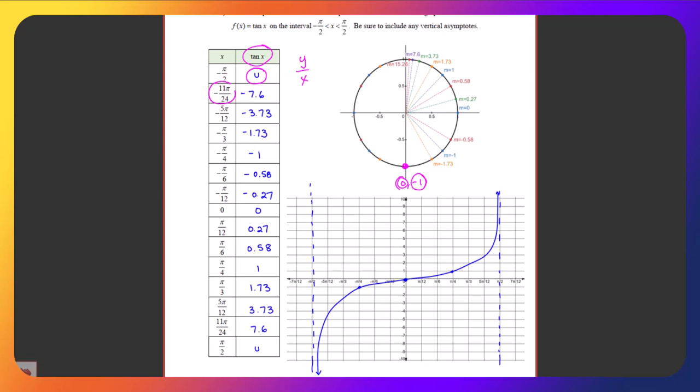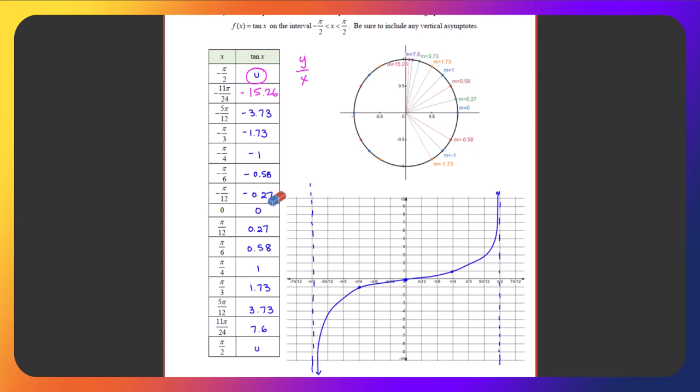Well, negative 12 pi over 24 would be negative pi over 2, which would be the same place, but I'm coming in a bit, and I'm thinking it's going to be the same as this one, but negative. And so that's negative, actually, 15.26. Let me start over so that I won't be as confused.